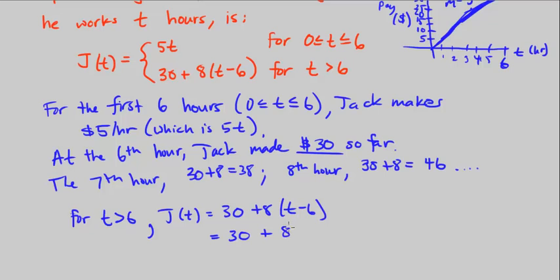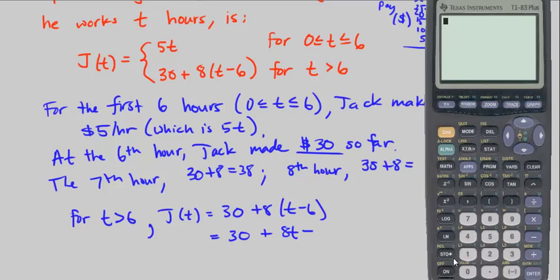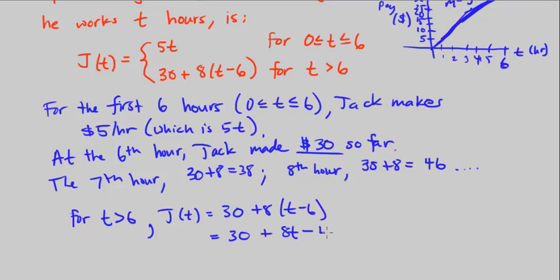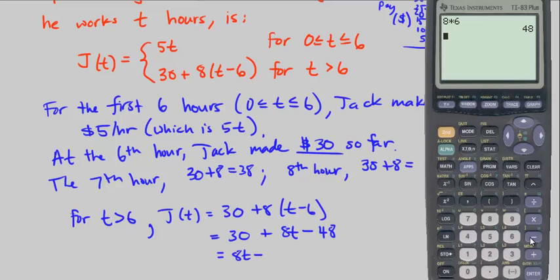That's 30 plus 8t minus 6 times 8, just bring out your calculator. 6 times 8 is 48, so that's minus 48, right? And then we combine these. That's going to be 8t minus 48 minus 30, again, minus 30, it's going to be minus 18.